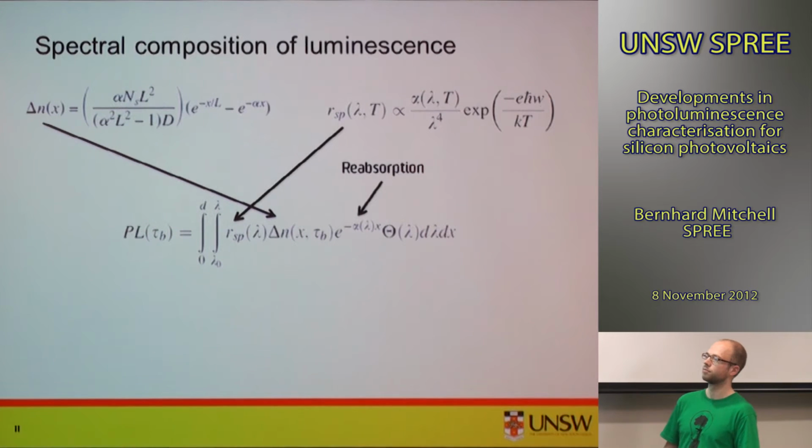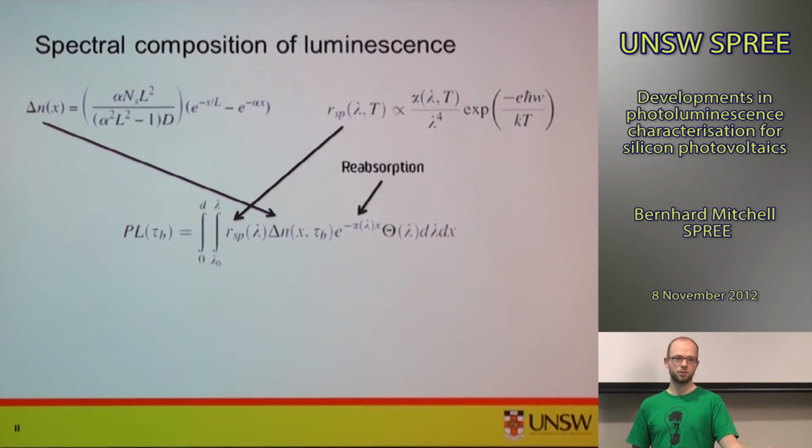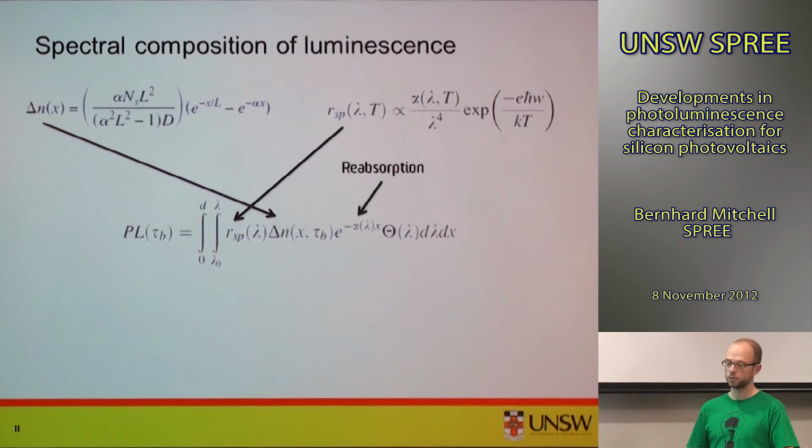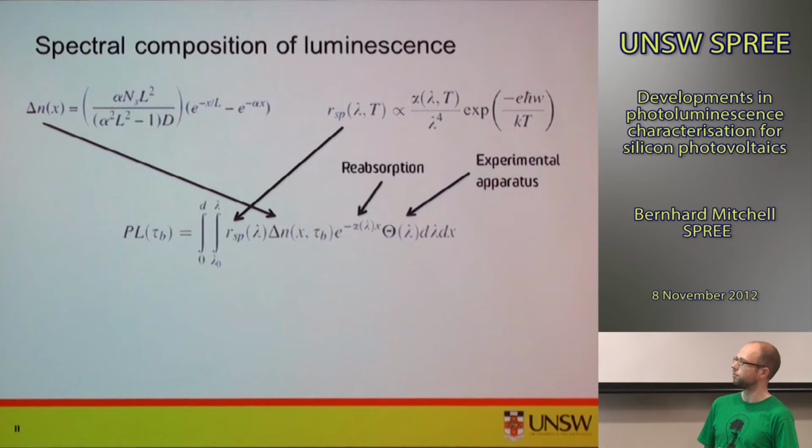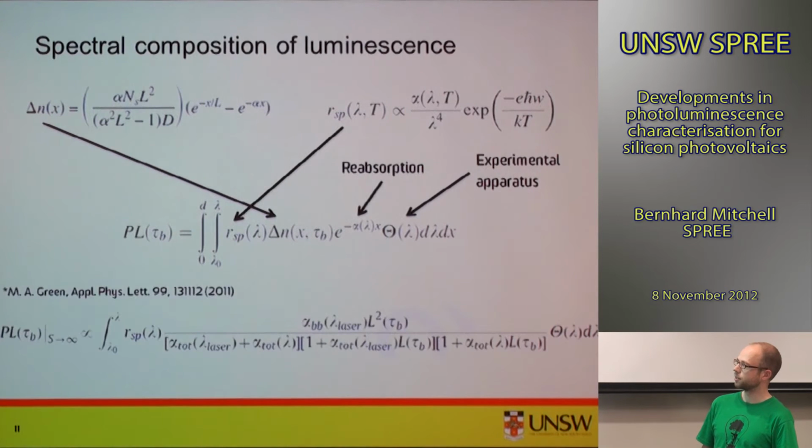That's the luminescence being reabsorbed on the way out through the sample, and we include the experimental apparatus spectral dependency. We can then integrate that analytically, which Martin Green has done and published, or we can do it numerically. That's equivalent.